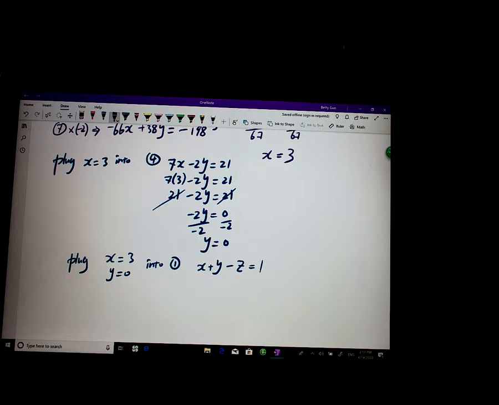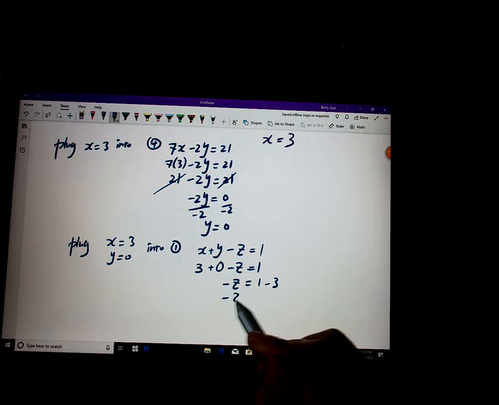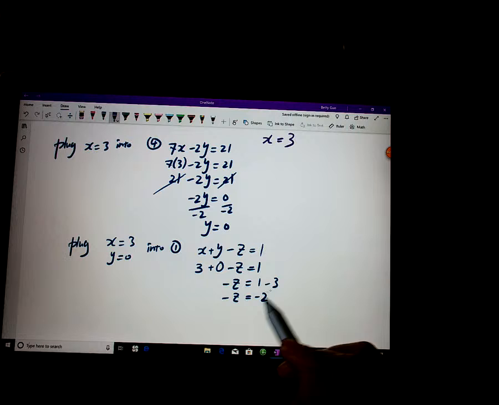The reason I choose equation 1 is because the coefficients in equation 1 are simpler. So now we put 3 in the place of x, put a 0 in the place of y. We have an equation only containing one unknown, which is z. So we have 3 minus z equals 1. If we move 3 over, 1 minus 3, that gives us negative z equals negative 2. 1 minus 3 equals negative 2. Divide both sides by negative 1. We have z equals positive 2.